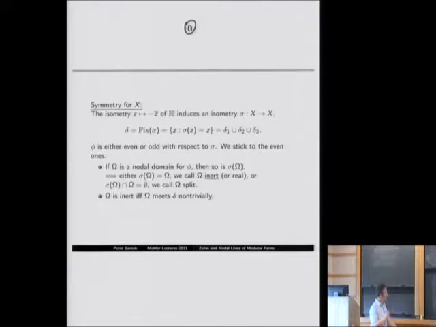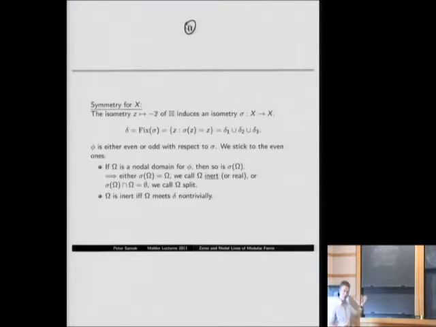So remember, I'm going to exploit, I haven't shown you how yet, I'm going to exploit completely this symmetry. Our eigenfunctions were even relative to this unique symmetry of the fundamental domain. And I've defined that delta, it's the same set as before. Correspondingly, my nodal domains are going to be called inert or split, depending on how they behave under the symmetry.